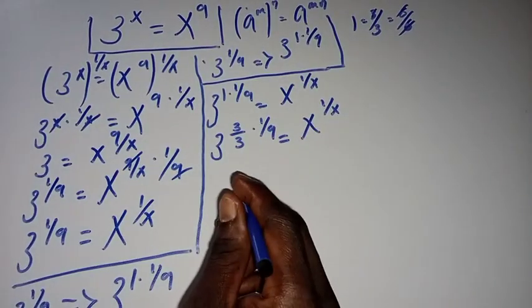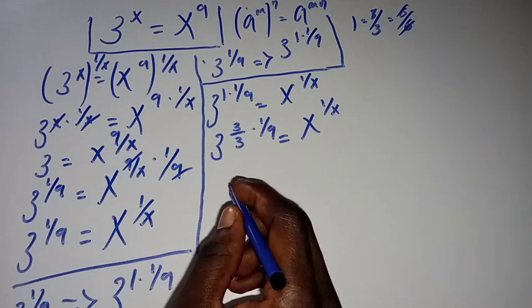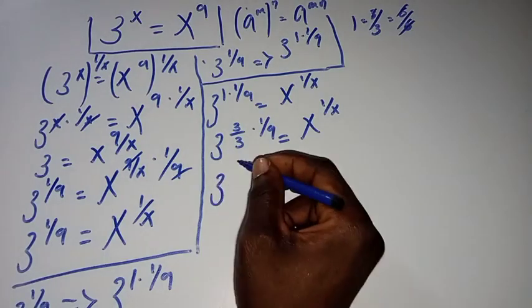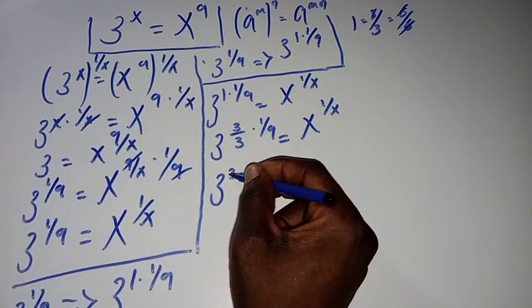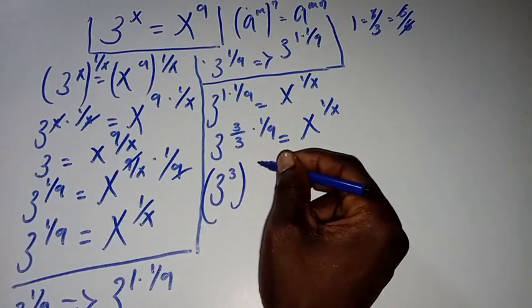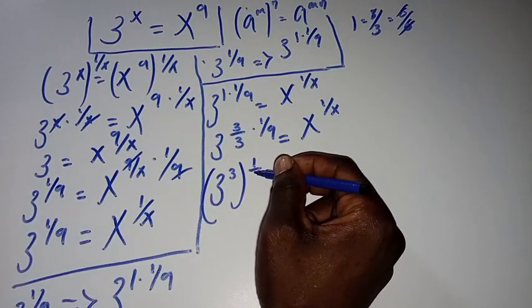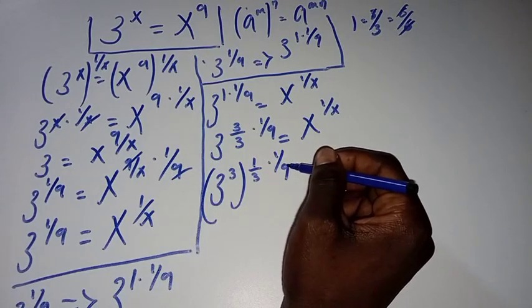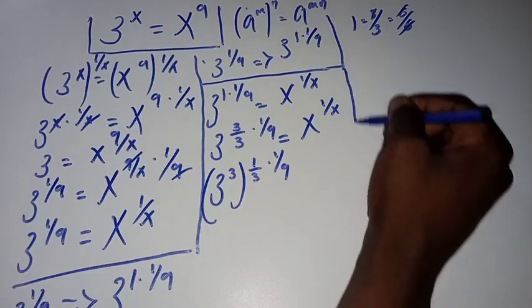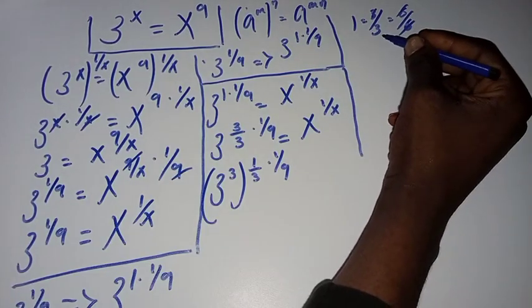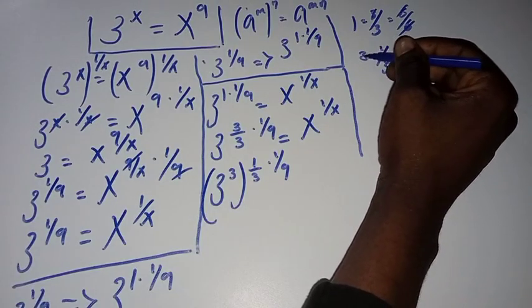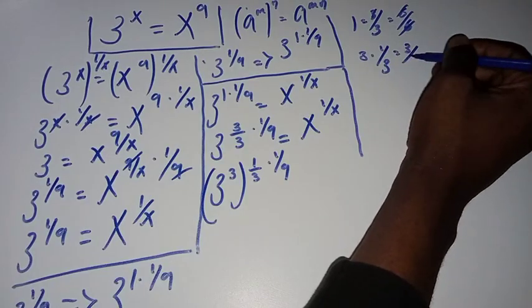Once we've reached there, we can also say this is the same as 3 to power 3 times 1 over 3 times 1 over 9, because when you multiply 3 times 1 over 3 together, you still return to 3 over 3.